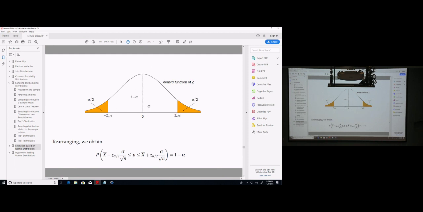And so the middle part will capture the probability of 1 minus alpha. Now, here I want to emphasize, it's safe to talk about probability because this is just a formula. This is a random variable. I haven't substituted my sample values into it. If I substitute into it, then I will usually use a lowercase x with a bar on top.